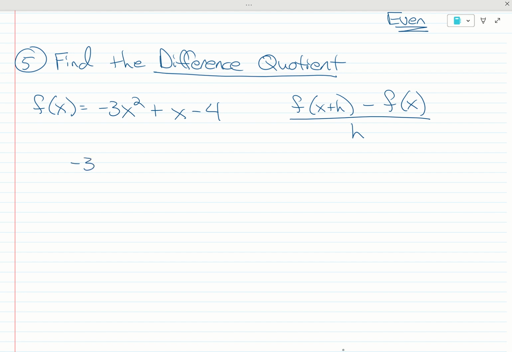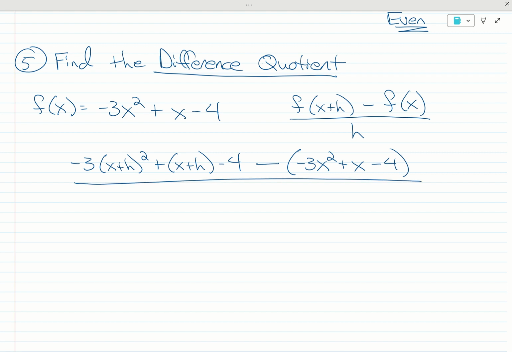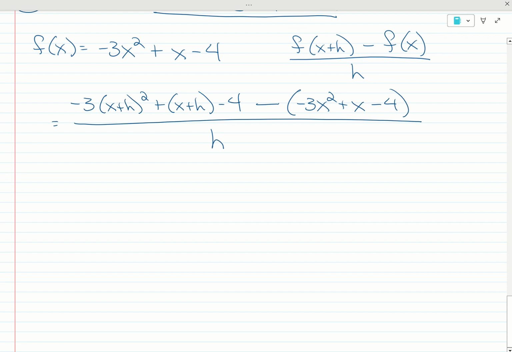First thing is, let's plug in x plus h for all the x's. Next, we're going to subtract f of x, remembering our parentheses, so we subtract the whole thing. And then we're going to divide the whole thing by h. So we just have to make sure we're careful.